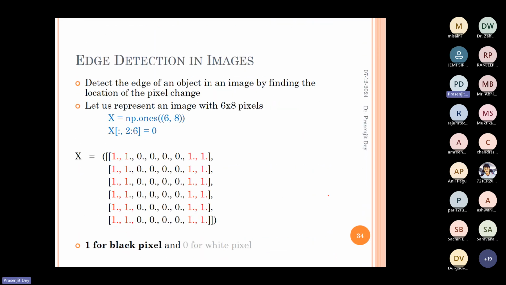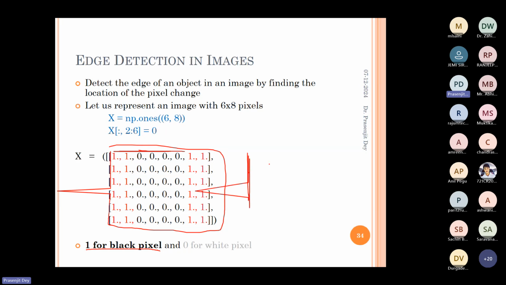Now, before that, I want to show you how a kernel can help us to identify a feature. For simplicity, let us start with a very basic task of edge detection. Suppose this is my image. For simplicity, let us consider that all ones mean black pixels and zeros mean white pixels.